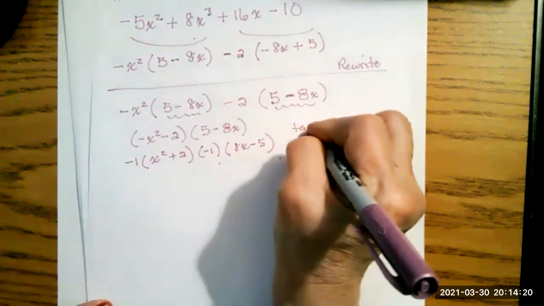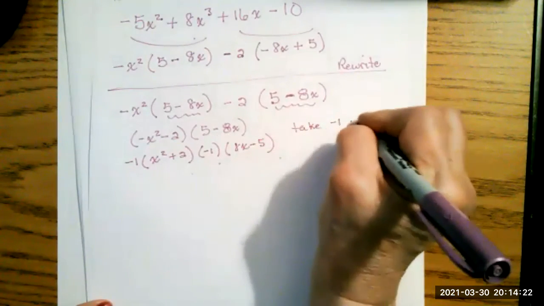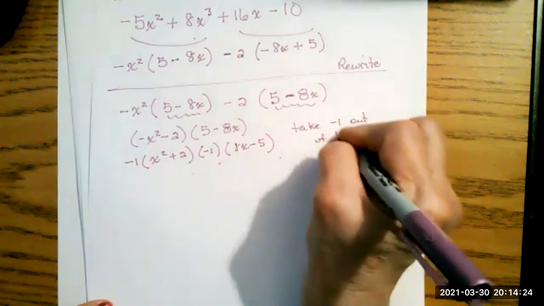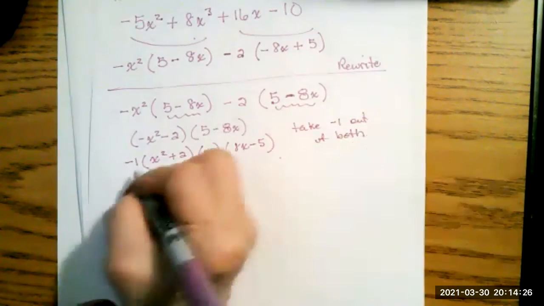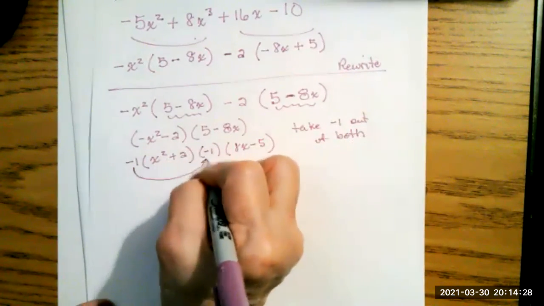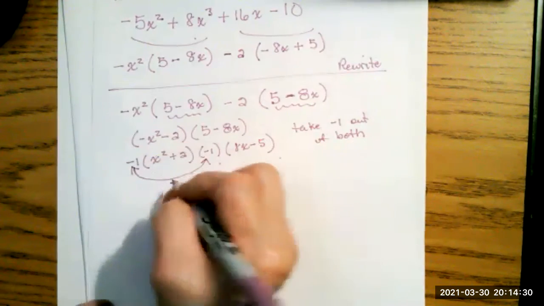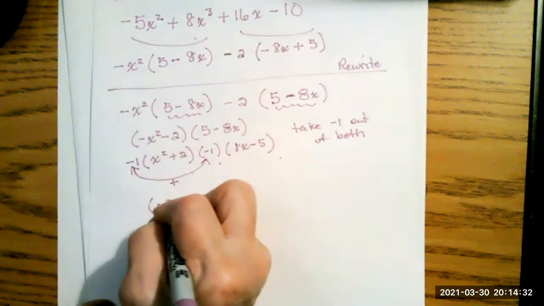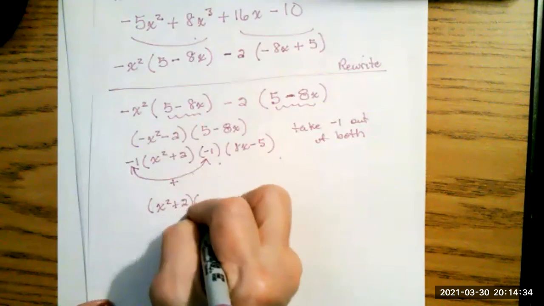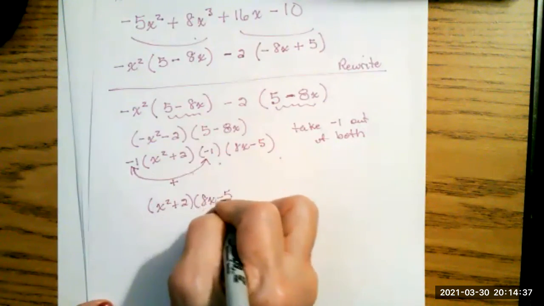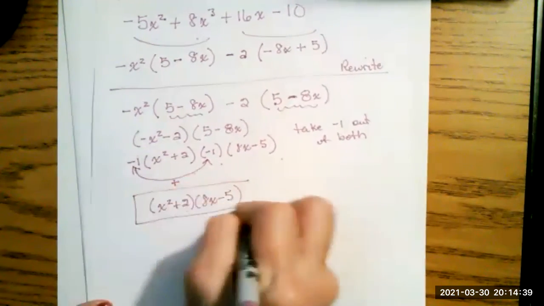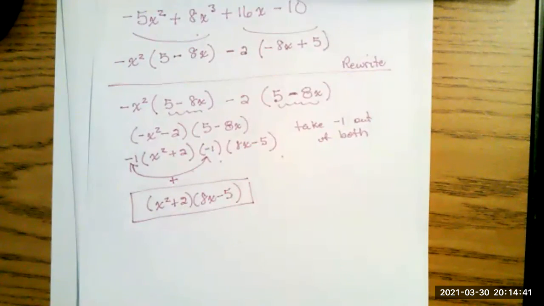He took out -1 out of both. And then this -1 times this -1 makes a positive. So you end up with x squared plus 2 times 8x minus 5. Now that is a tough problem right there. You shouldn't have one like that on the test, but that's just extra for your money.